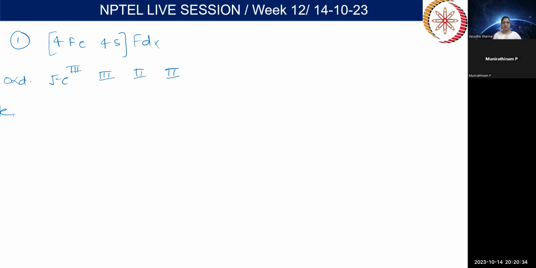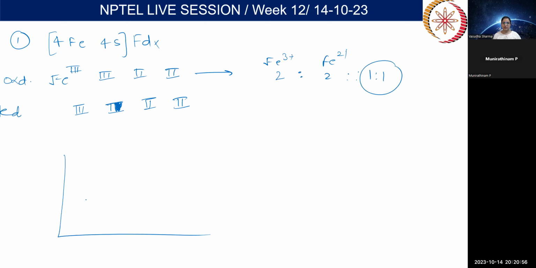In the reduced state, the irons will also be plus 2 because it is getting reduced. So it should have iron in 3 plus and iron in 2 plus, 2:2, that equals 1:1, right? So we expect two kinds of splittings, both at the same intensity.